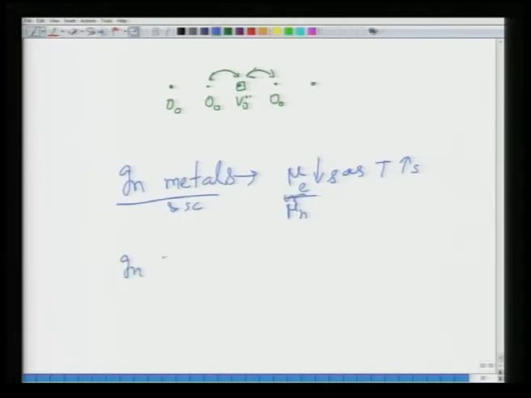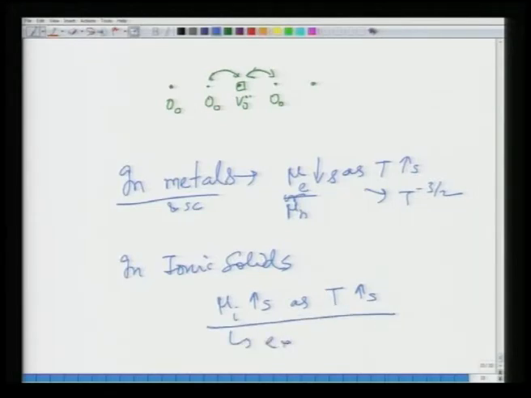This is typically a T to the power minus 3 by 2 relation. In case of ionic solids, mu I increases as temperature increases, and this is because of this relation of exponential minus Q by kT.